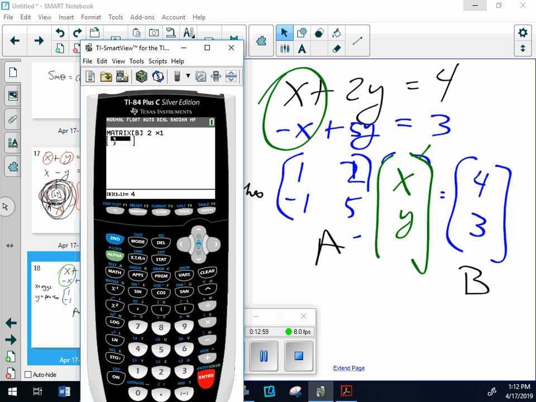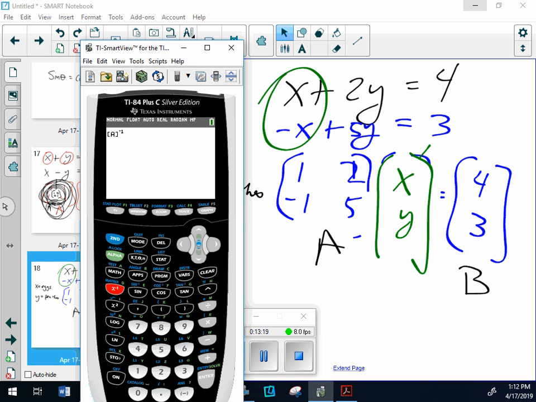And now I quit, which is one of the weirdest things to have to do. And I clear off my screen so I have nothing else to distract me. And now I'm going to say inverse of A, and then times by B. So here's matrix A, and then I make it the inverse with this little key right here.